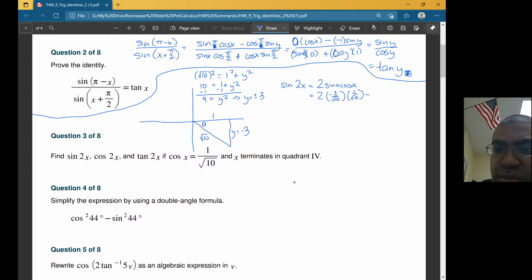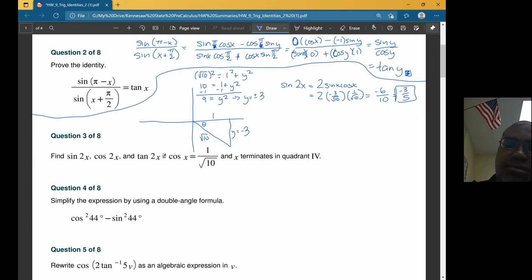So we simplify: 2 times negative 3 is negative 6, times 1 is negative 6. Root 10 times root 10 is just 10. That is equal to negative 3 over 5. That is the sine of 2x.